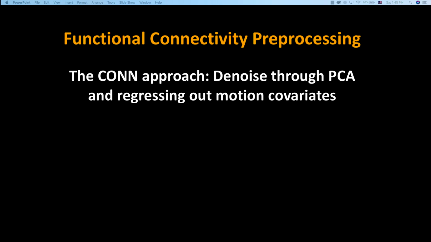There are some detractors saying actually there is signal in white matter, don't just throw it out. For now, I'm going to assume that you're not interested in it. So in CSF and white matter, if you can extract certain components that best represent what the time course looks like in those areas, and then regress that out of the gray matter signal, that's a way to try to account for these fluctuations which may be more noise-like.